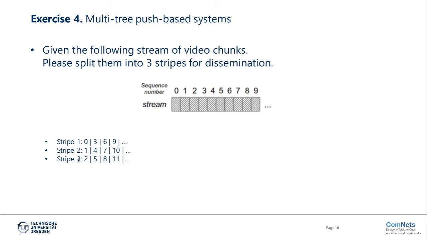Stripe number 1 consists of video packets with the sequence numbers 0, 3, 6, 9, 12, 15, and so on. Stripe number 2 consists of video packets with the sequence numbers 1, 4, 7, 10, and so on. And the last stripe consists of all the rest of the video packets.